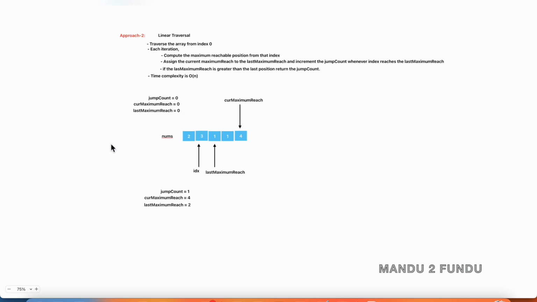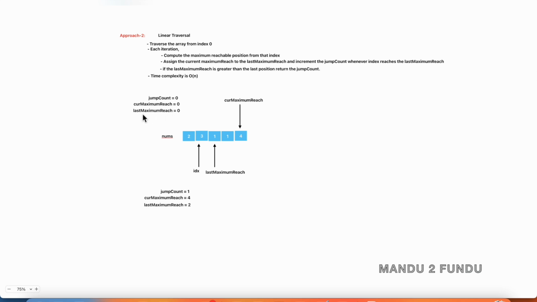The last maximum reach is the previously computed longest maximum reach, so it keeps track of the previously computed longest reach. We update this last maximum reach whenever the current index is equal to the last maximum reach.